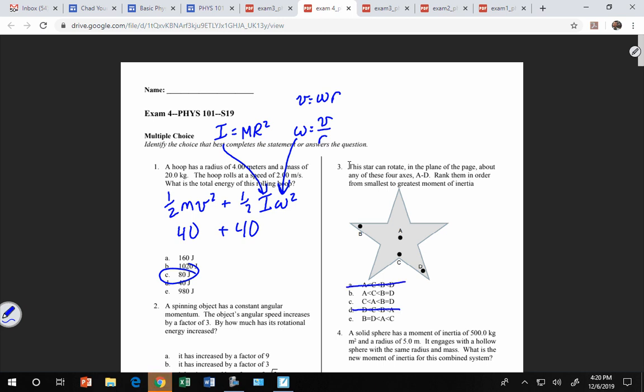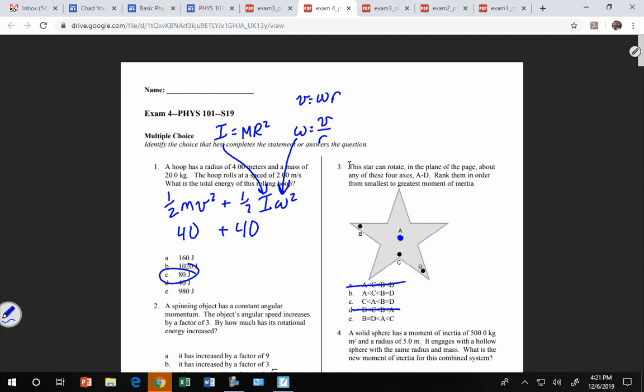And then I also like to look for the one that gives me, obviously, the smallest moment of inertia. And in this case, that's A. The reason A gives you the smallest moment of inertia is because it decreases R for every point. And R is like the big gorilla. If you increase R, that increases your moment of inertia by a lot.